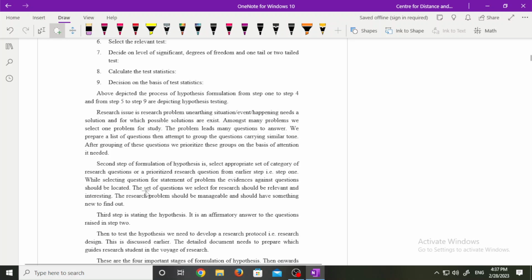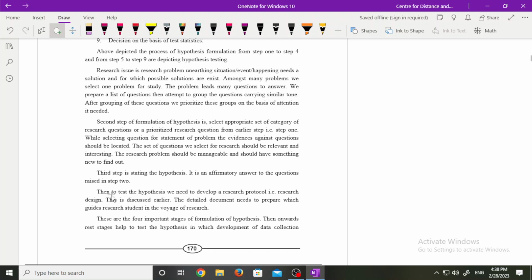While selecting questions for the statement of problems, the evidence against the question should be located. Then in the third step is stating the hypothesis, that is, it is an affirmative answer to the questions raised in step 2.